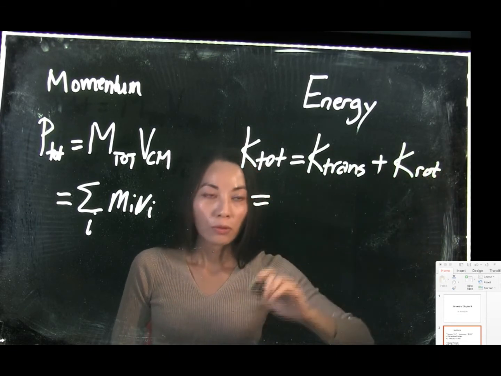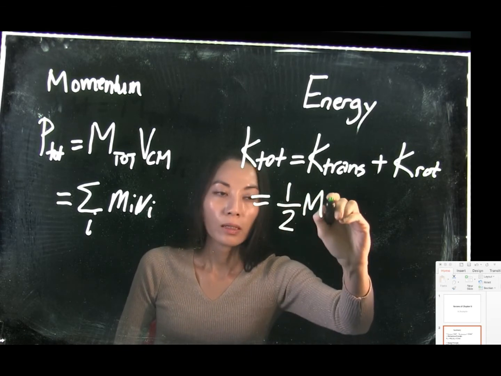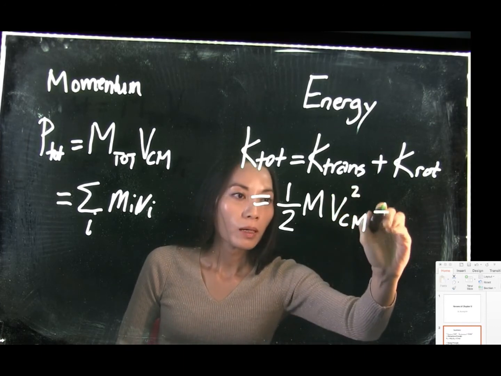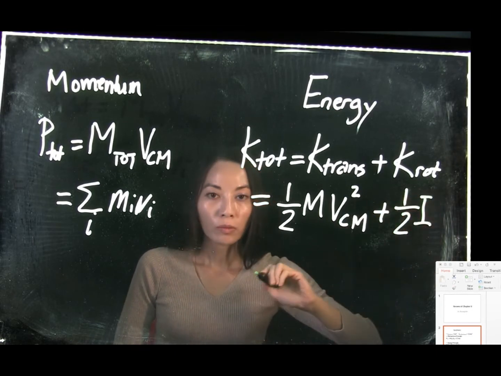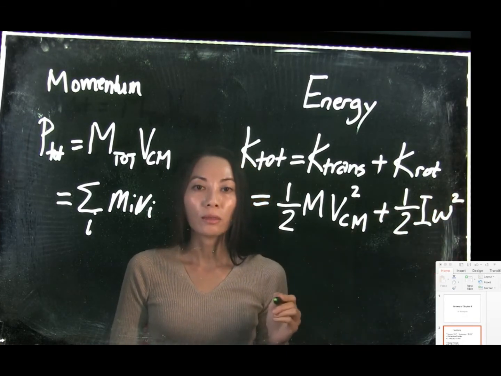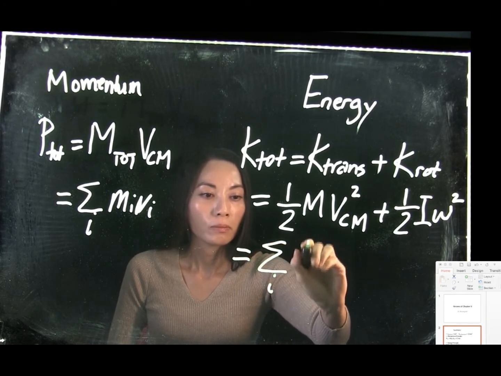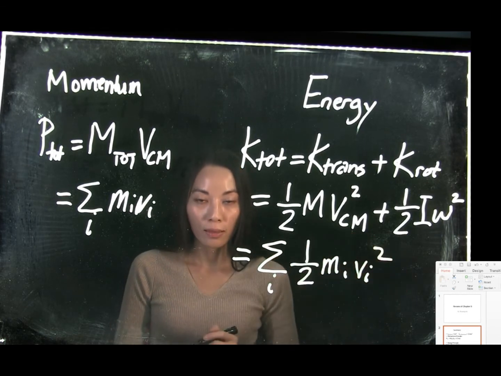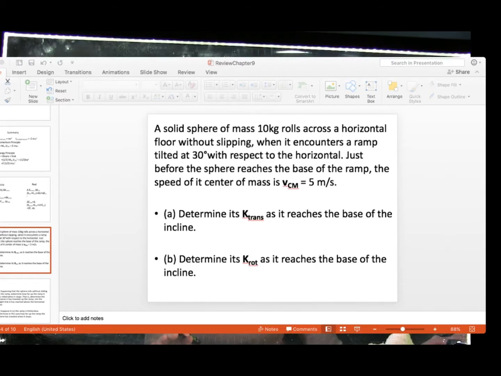And that's equal to half times m times the velocity of the center of mass squared plus half times the moment of inertia of the system times omega squared, which is the angular speed. And that's also equivalent to taking the sum of the total kinetic energies. So let's apply this and solve this problem.